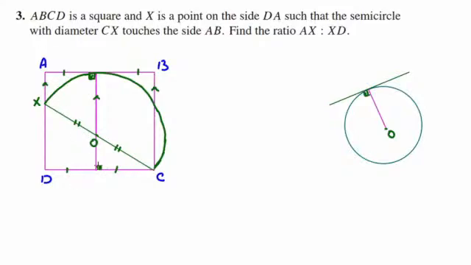Now, we understand that O is on the perpendicular bisector of CD, by definition of perpendicular bisector, then OC equals OD. Or you can use congruent triangles. This triangle is congruent to this triangle. Why? Because this side, this side, this side is common, and two sides and the angle between, which is 90.